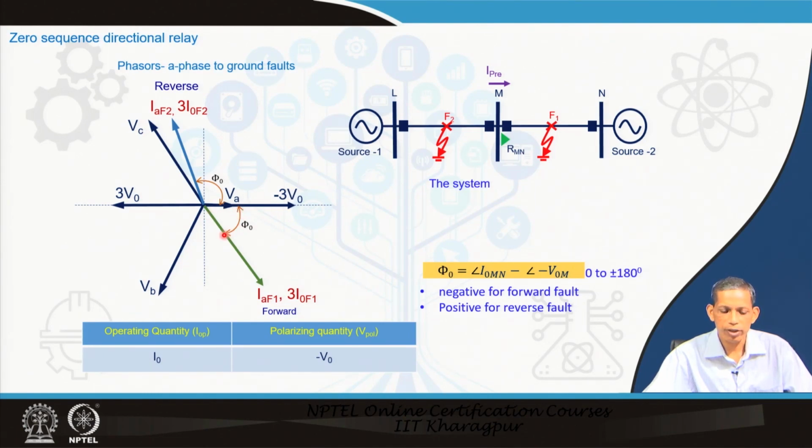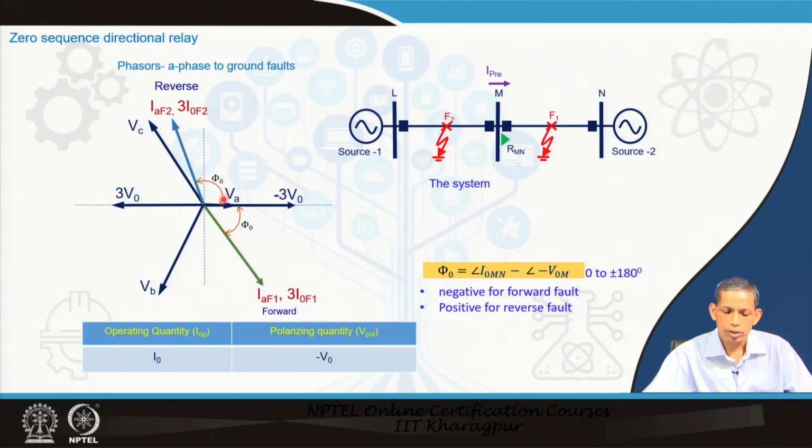Therefore, if we define this as phi 0, as already mentioned in the earlier slide like the negative sequence component, this current is lagging to this voltage, the reference voltage, polarizing voltage. Therefore, the phi 0 will be negative in terms of that.